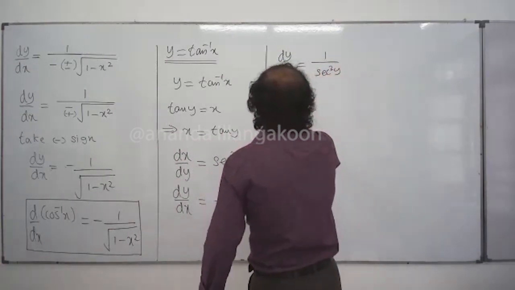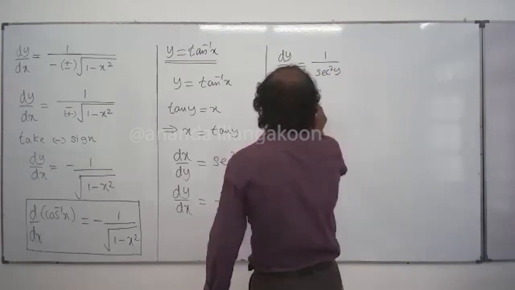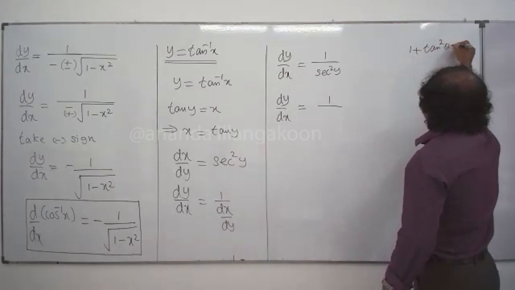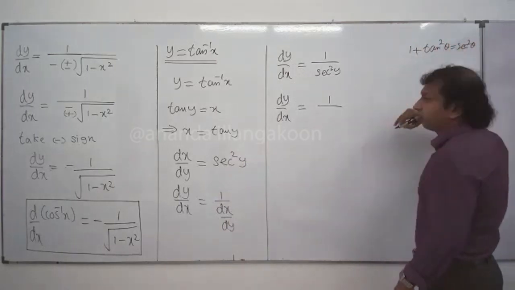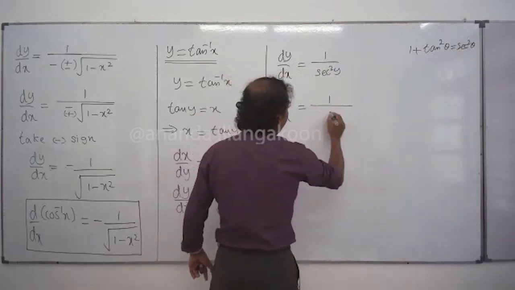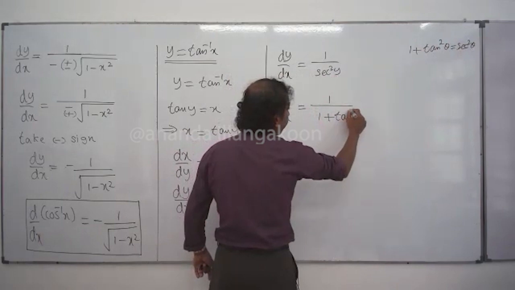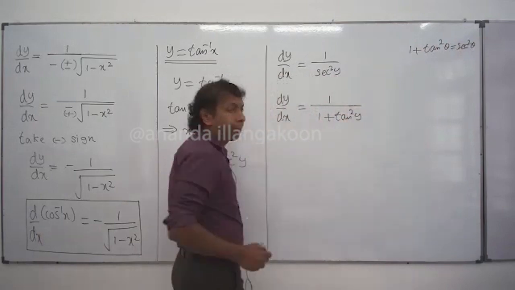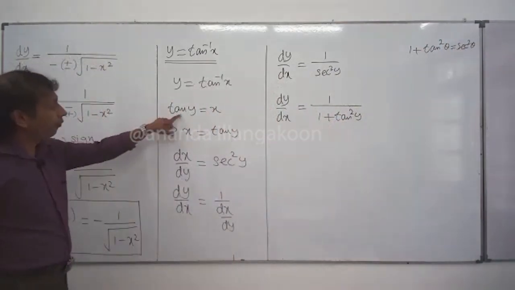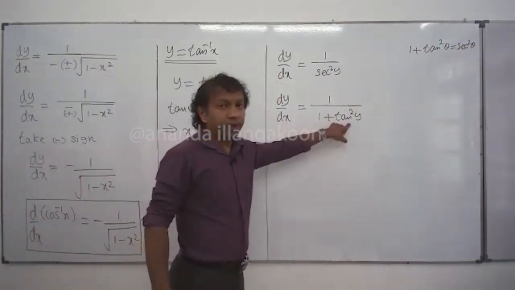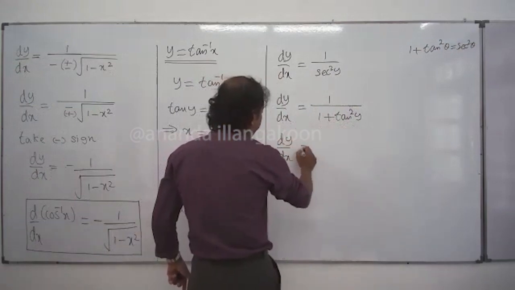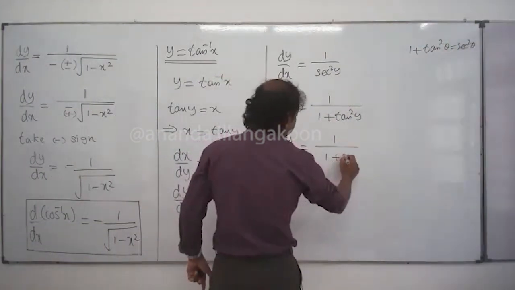But you know, in trigonometry, we learned one formula like this: 1 plus tan squared theta is equal to sec squared theta. So therefore, this sec squared y I can write as 1 plus tan squared y. But tan y here is x, put here x, then we get dy by dx is equal to 1 over 1 plus x squared.